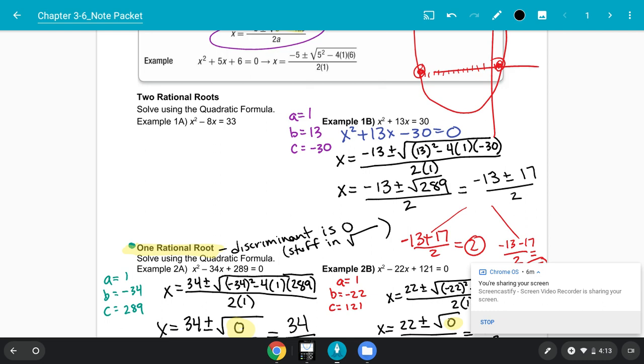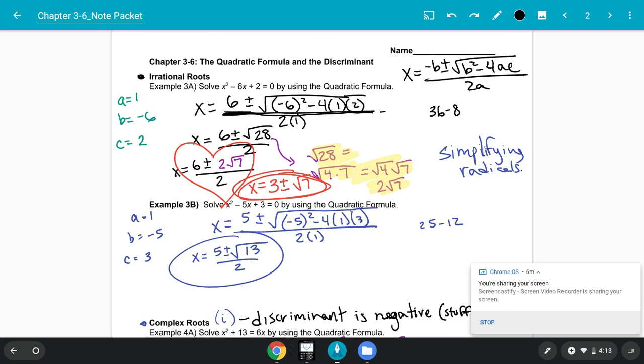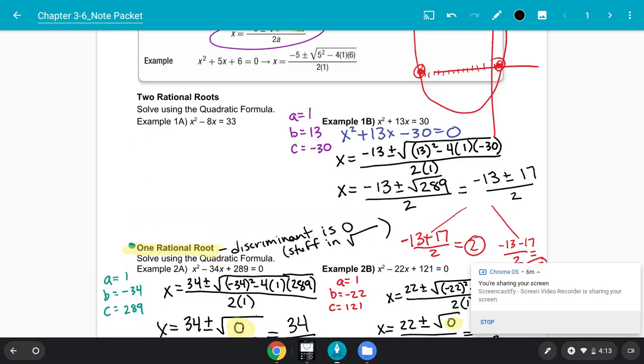And then 2 rational roots, or like these 2 irrational roots, those are going to happen if the discriminant is positive, because you'll have plus or minus it. So stuff in the square root is positive, then that means you'll have 2.